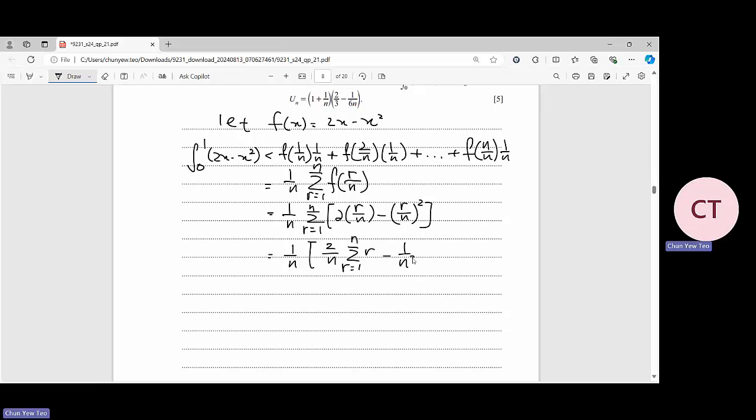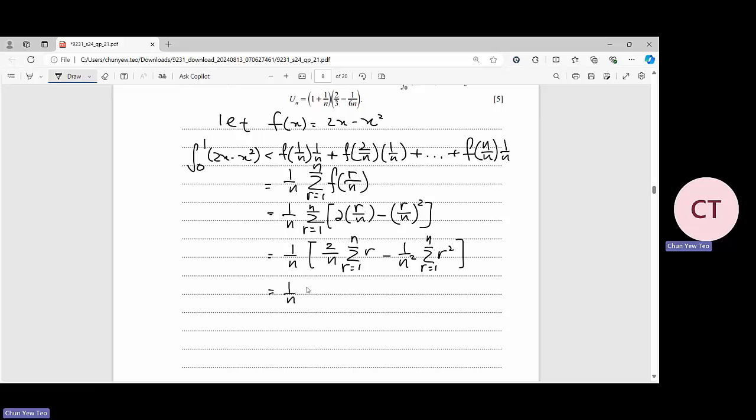Minus the 1 over n squared sum of the r squared. You separate them in such a way. Now you have two series over here. These two, you can just get from the formula booklet MF19 to check what is the formula for the sum of the r and the sum of the r squared.